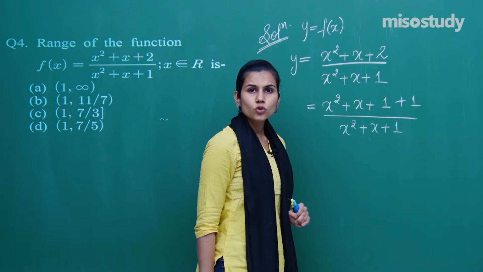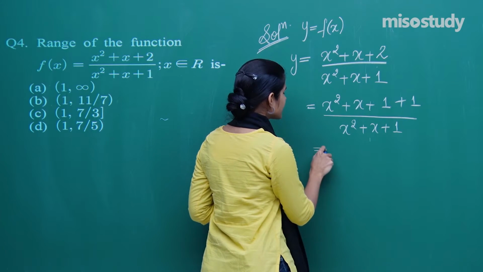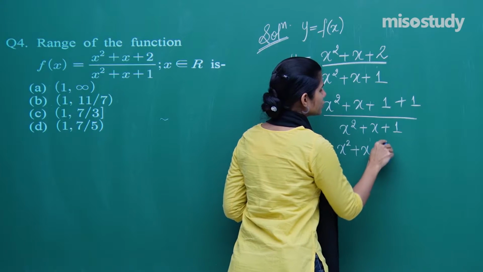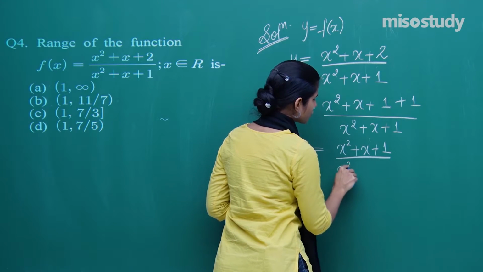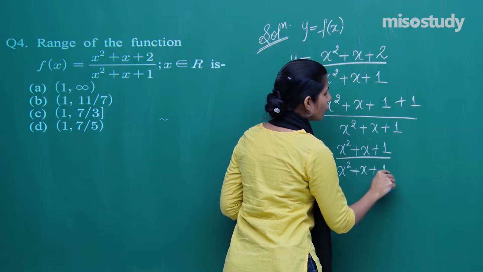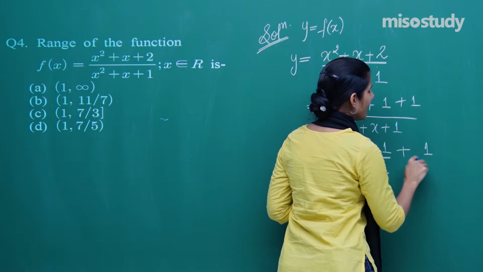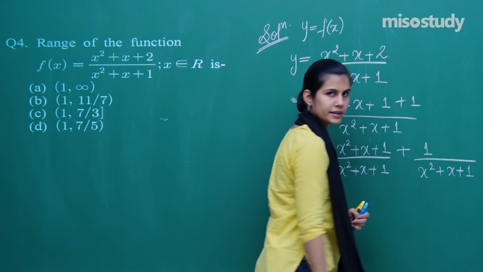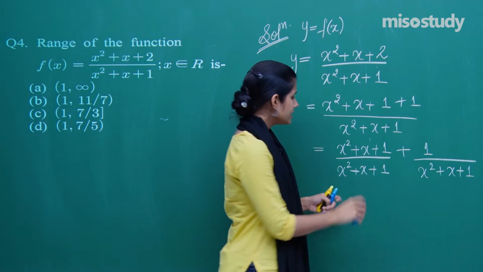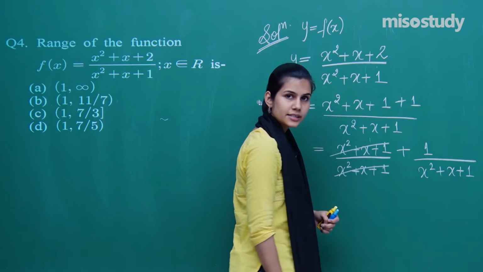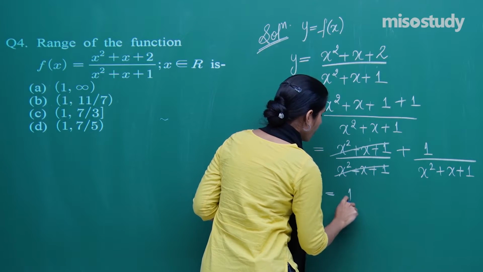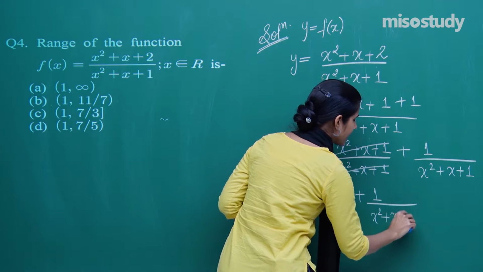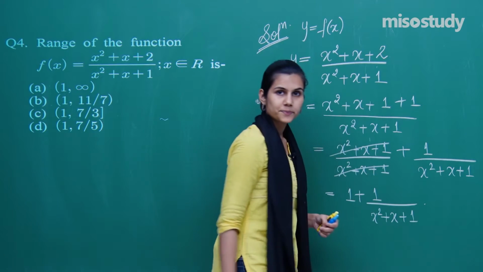I have just broken 2 as 1 plus 1. And this expression can then be written as (x square plus x plus 1) whole upon (x square plus x plus 1) plus 1 upon (x square plus x plus 1). And now this definitely gets cancelled and you get 1 plus 1 upon x square plus x plus 1.